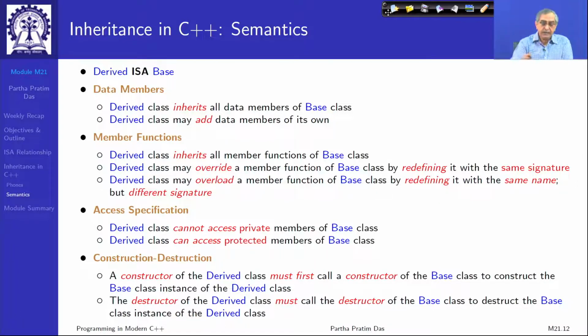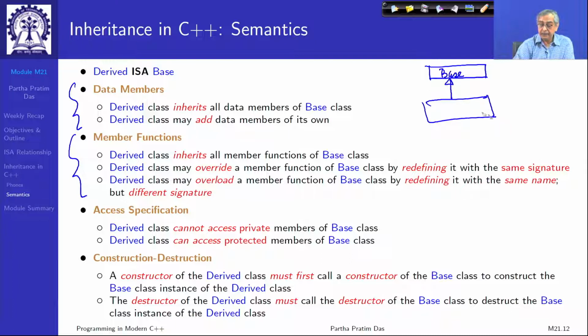So, these are the different aspects: sharing the data members and sharing member functions, and the sharing is always in this form, that you have base and you have derived. Just get this notion clear, that whatever you have here, you will also have here, whether it is a data member or a member function.